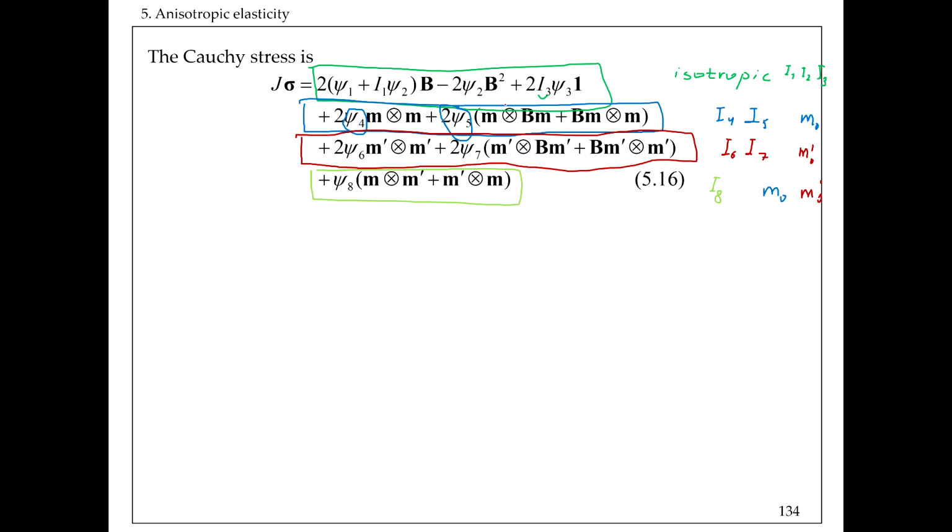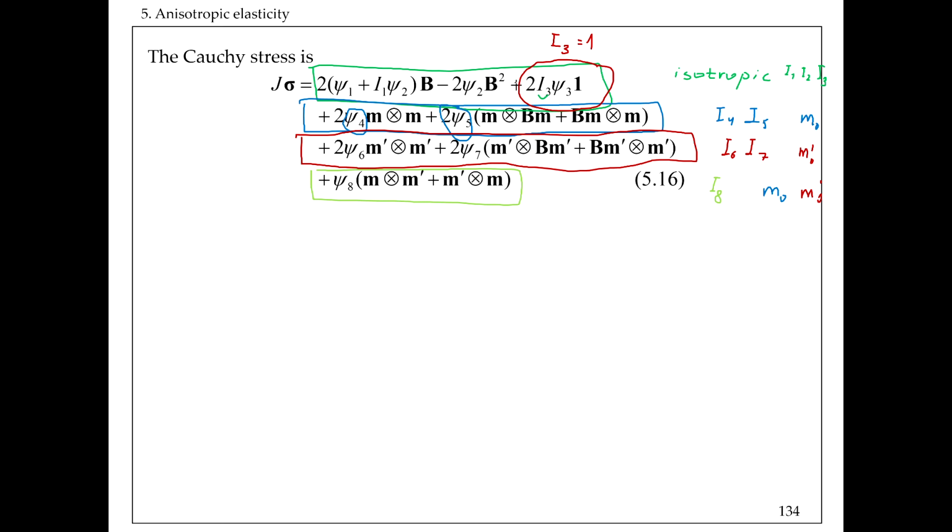And now, as usual, we can deal with incompressibility. Basically, the only thing that we are doing with incompressibility is that we need to deal with this term I3, which is equal to 1. You can see that it doesn't appear in any other terms related to this anisotropic behavior.